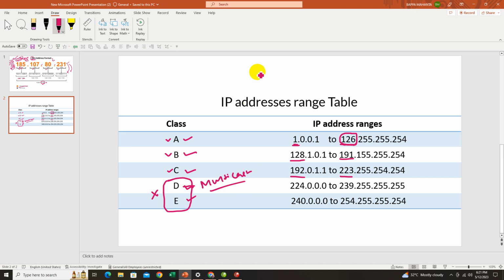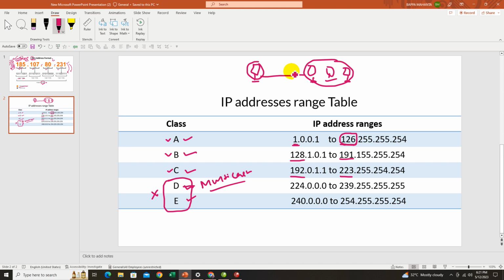Suppose this computer is communicating with this computer one to one, so we can say it's a unicast kind of communication. There are 3 computers, and this computer is communicating with all 3 at a time, so we can say it's a broadcast type of communication.